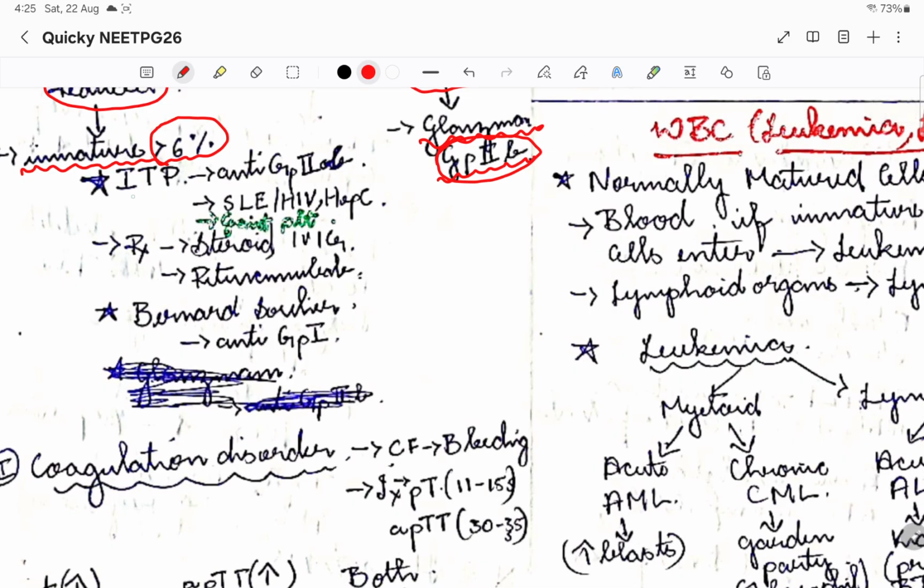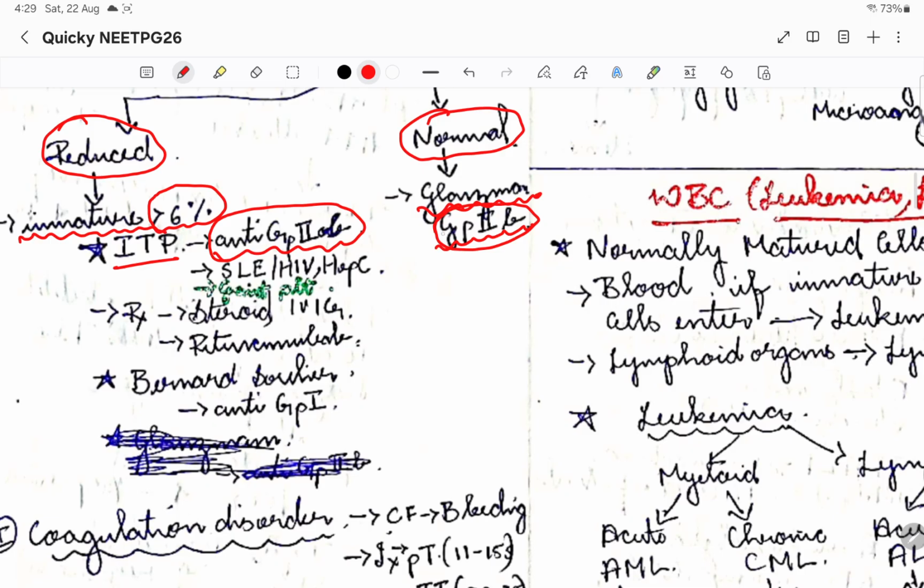Now ITP, immune thrombocytopenic purpura, meaning there is autoimmune lysis of platelets. It is because of anti-GP2B, the GP2B is getting affected. Here also it is the same as Glanzmann, but there the platelet count was normal, while here the platelet count is reduced because of the antibody against this receptor.